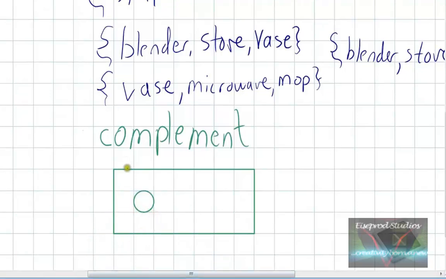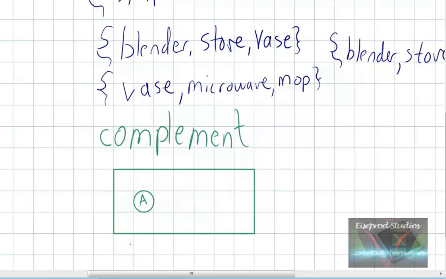I have here a rectangle. This is the one space that I am concerned about. And inside of the rectangle, I have two different things. I have this circle and the rest of the rectangle. So I'll call this circle A. The outside of the circle that's still included in the rectangle is A prime.